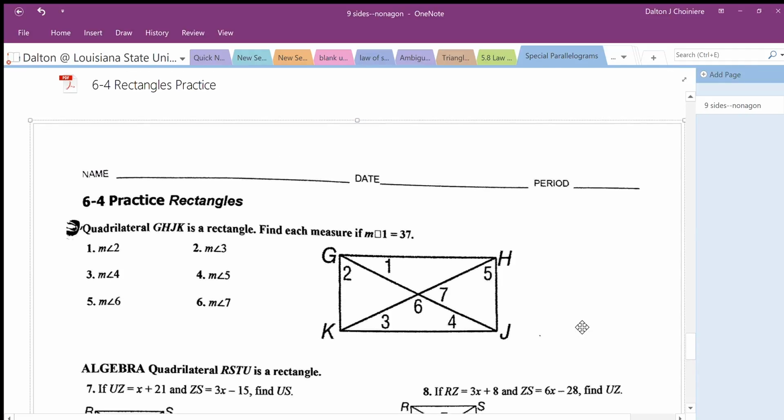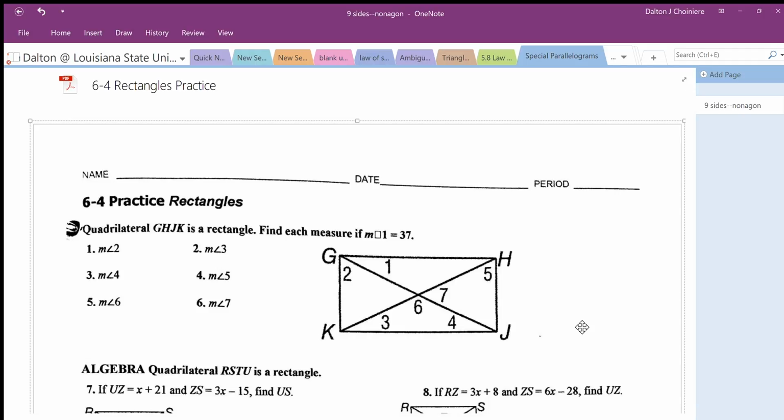through 6. Notice there are no numbers on the picture, but in the directions it says find each measure if. This should say the measure of angle 1 is 37. So at angle 1, I want you to put 37 degrees. All of the other numbers are referring to angles.